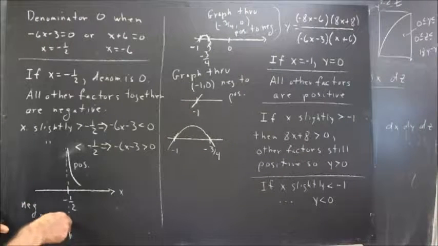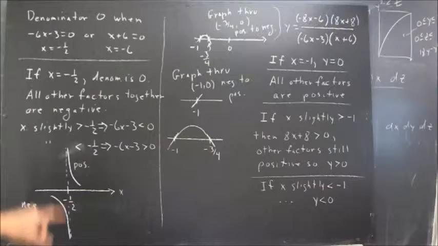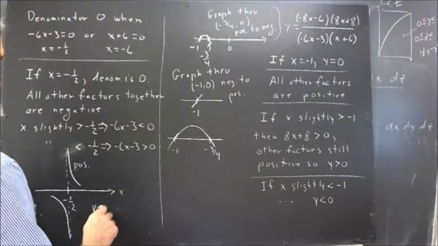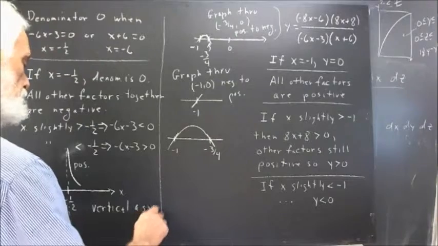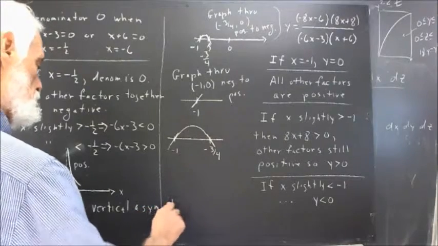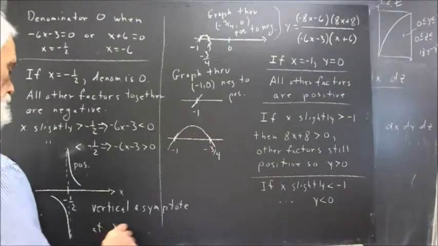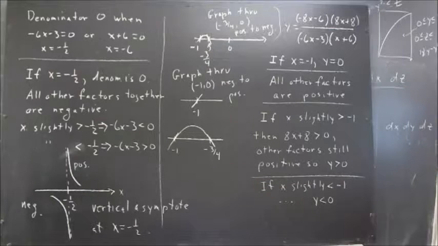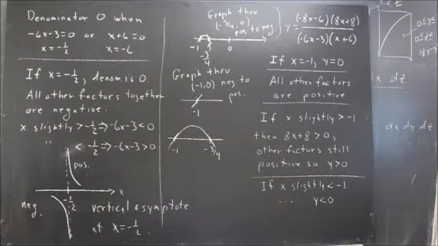So we're going to have something like this. That's called an asymptote, a vertical asymptote at x equals negative 1/2, and the function is going to approach large positive values to the right, large negative values to the left.